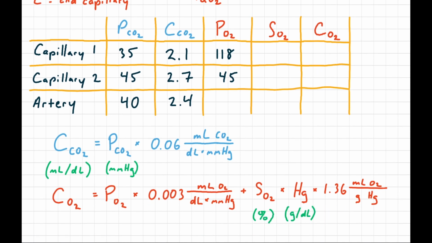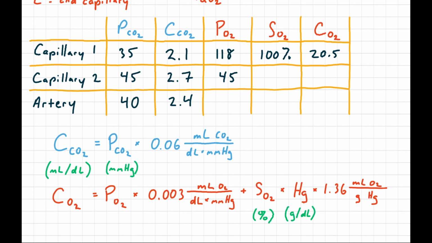It becomes a little more complicated when we turn to oxygen, because we have hemoglobin carrying most of the oxygen in our blood. So an oxygen partial pressure of 118 millimeters of mercury corresponds to 100% saturated hemoglobin and an oxygen content of 20.5 milliliters of oxygen per deciliter of blood, assuming a normal hemoglobin content.